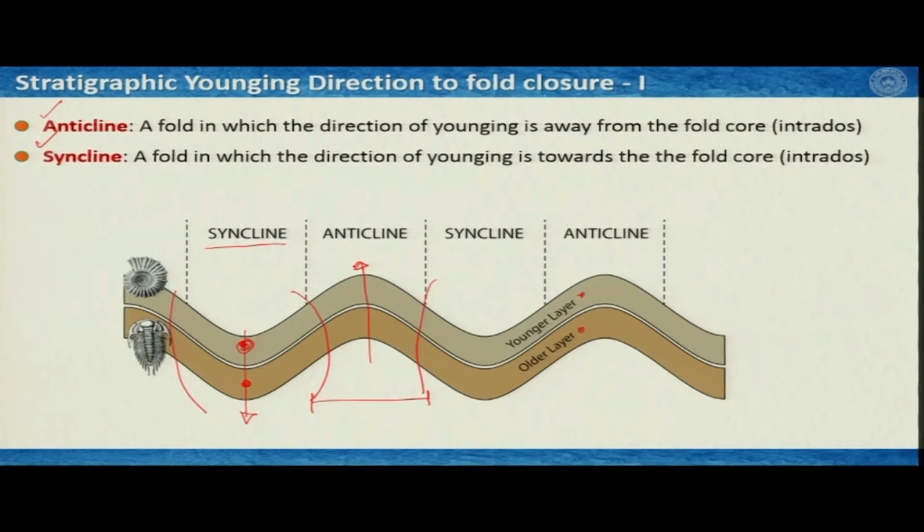So this is an antiform, and in this antiform the Younging layer is away from the fold core. So this is your fold core and the Younging layer is away from the fold core. Therefore, as per definition, we term it an anticline. So syncline, anticline, syncline, anticline, this is how it progresses in a folded strata.